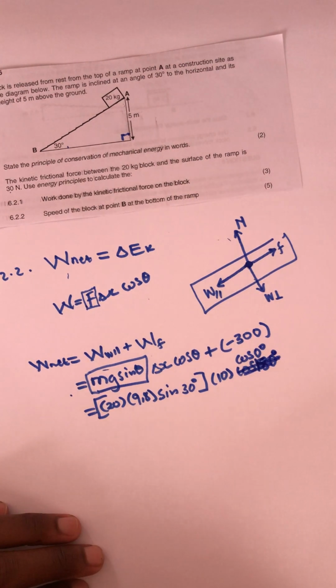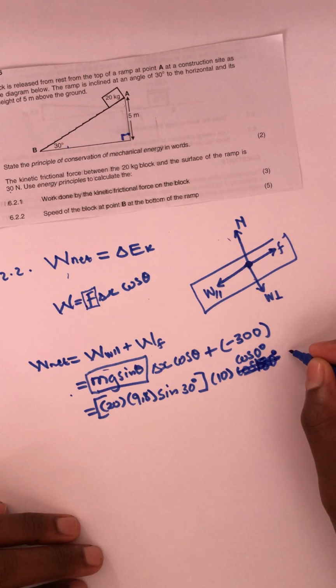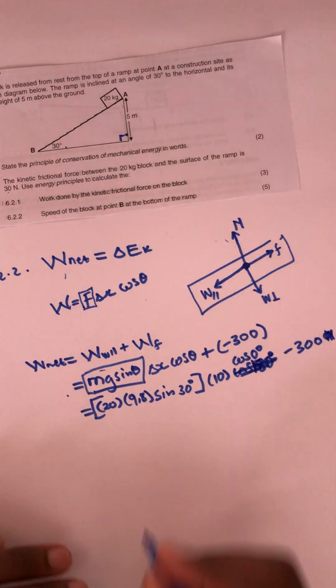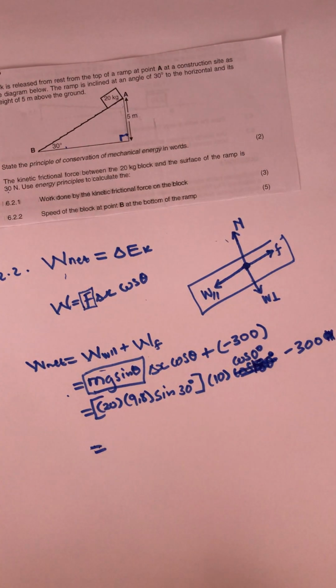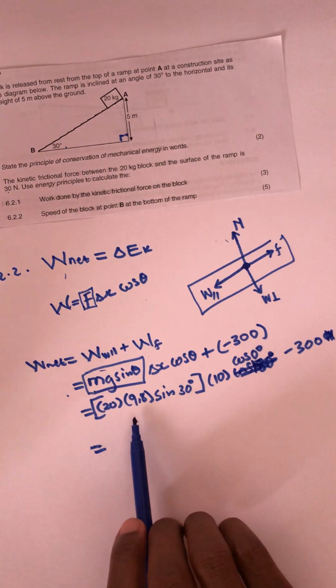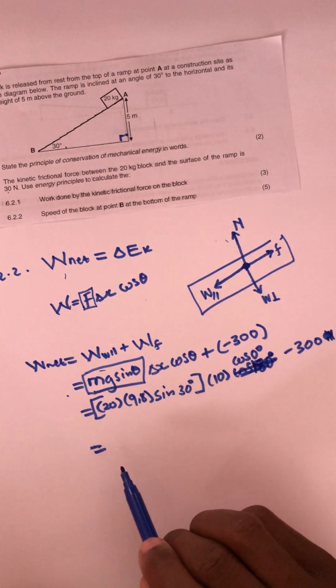It takes the original direction, or the direction of the block. So it's cos 0, then minus 300. Now it's 20 times 9.8 times sine 30. We know that sine 30 is 1 over 2.